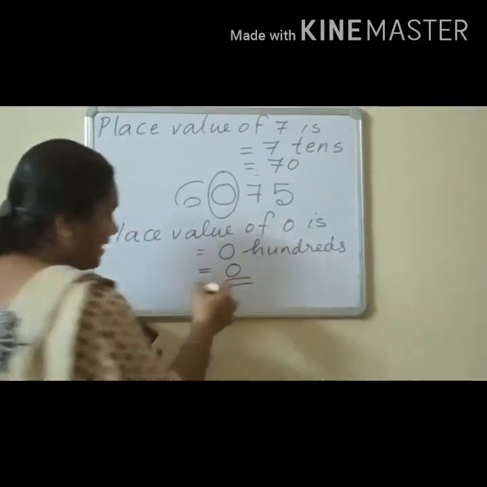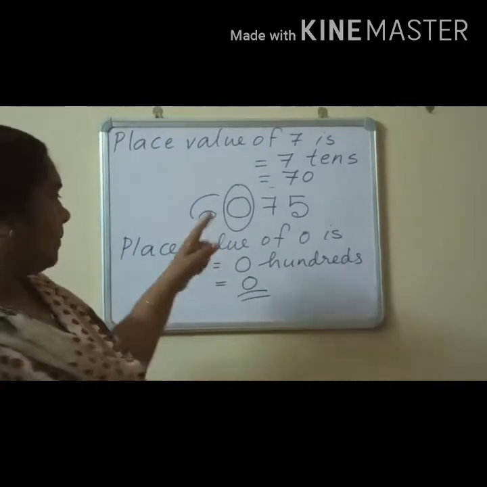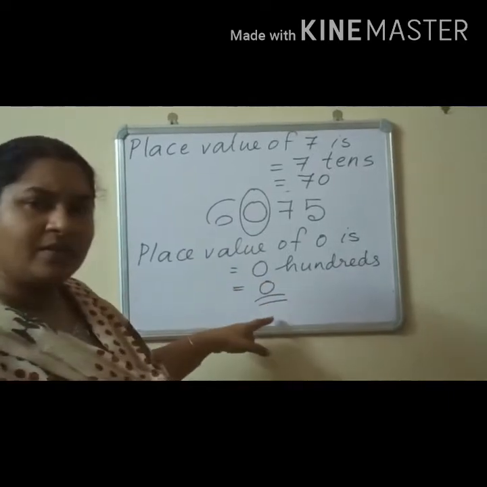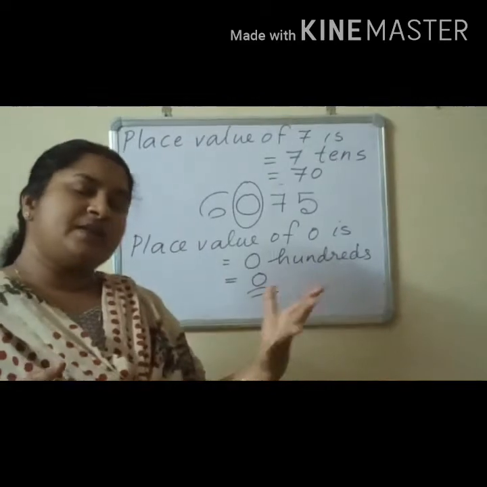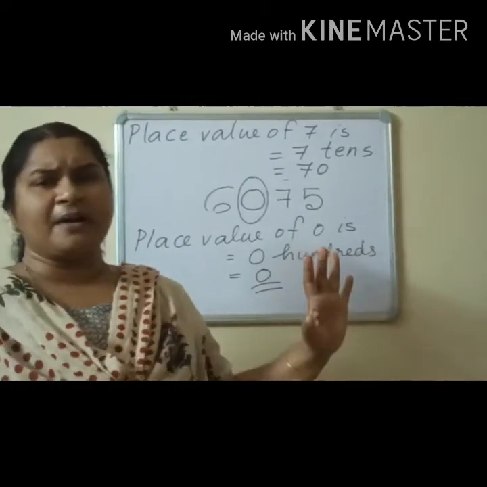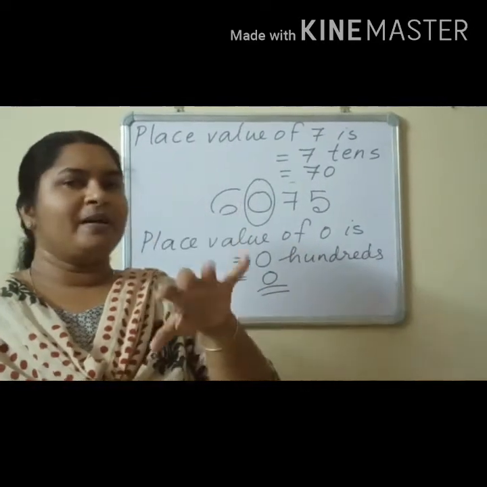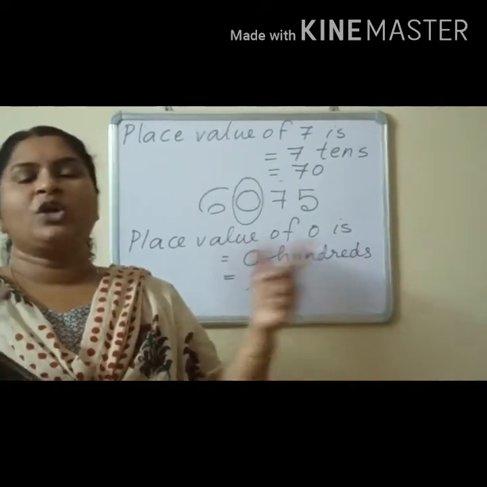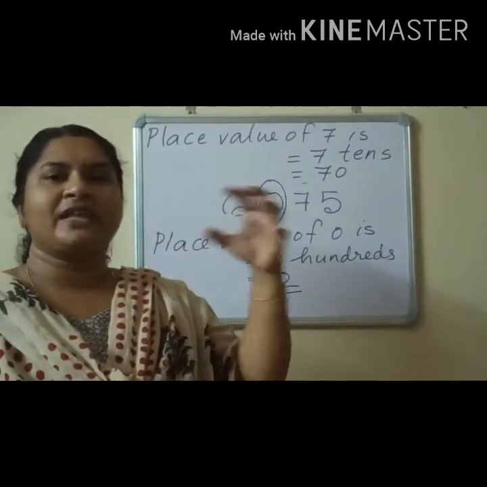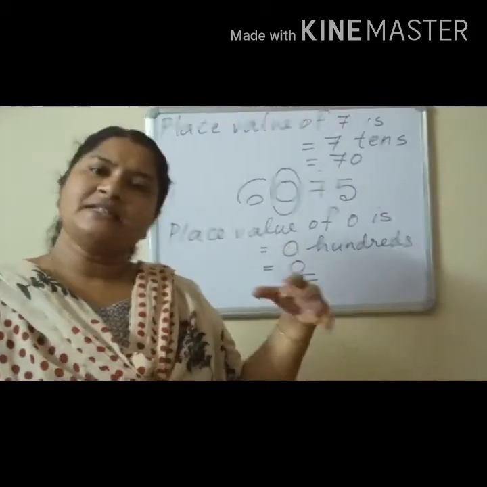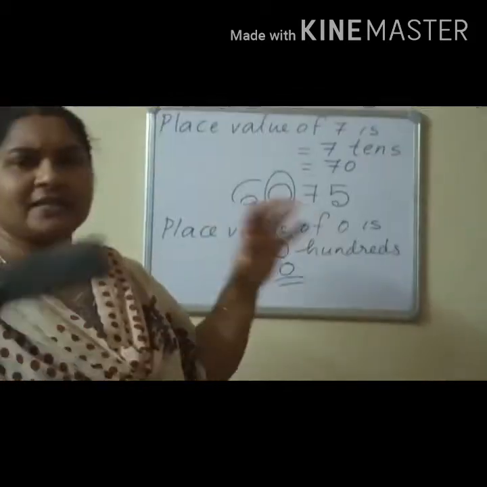Yes, if you multiply a number by 0, the answer is 0. So the place value of 0 is 0. One thing you have to notice is that if 0 comes in any place, the place value is 0, because if you multiply by its place also, you will get the answer 0. So the place value of 0 is always 0.